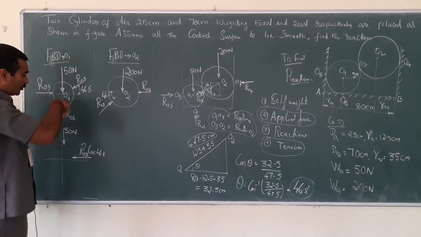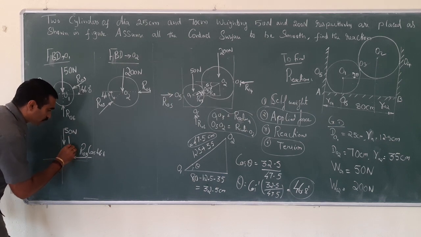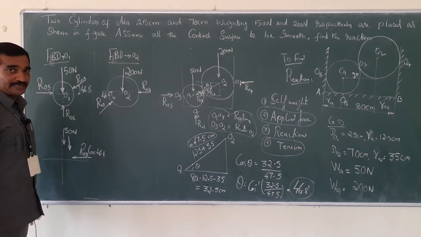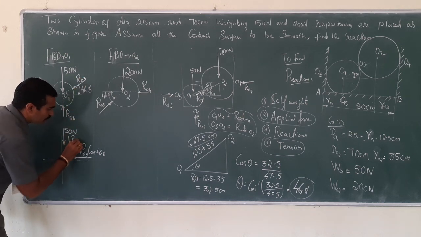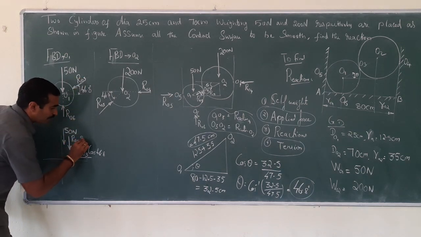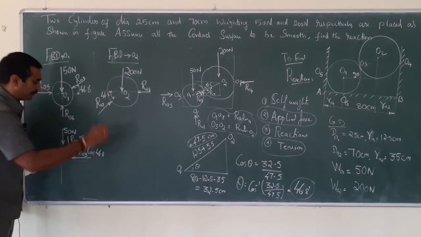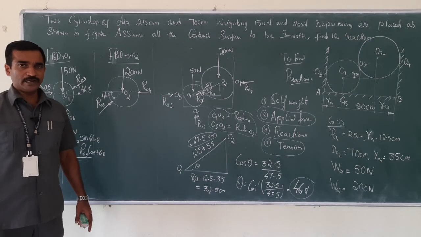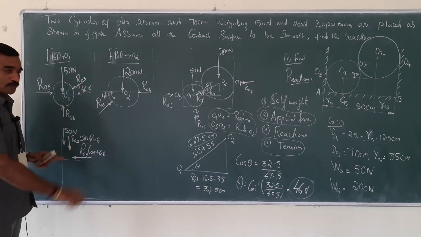And its vertical could be vertically downwards, that is a negative y direction, which is of R03 sine 46.8, the vertical component is a sine component. Got it?